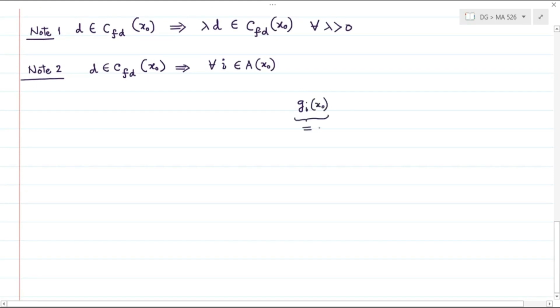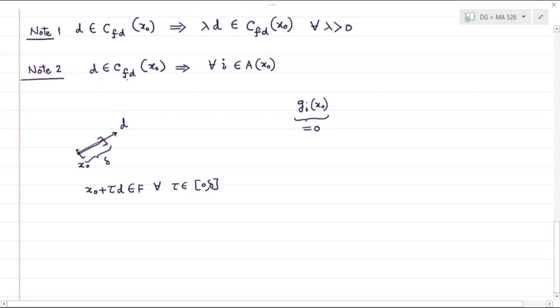Fine. And if d is a feasible direction at the point x naught, you are at this location x naught, then you have a length of this much amount, and that signifies, let's suppose, delta amount, such that x naught plus tau d belongs to the feasible region for all tau belonging to 0 to delta, if d is a feasible direction.